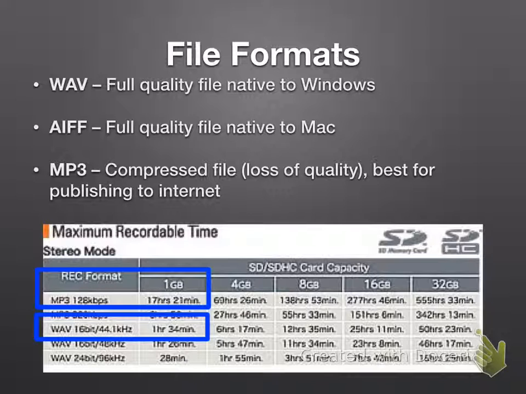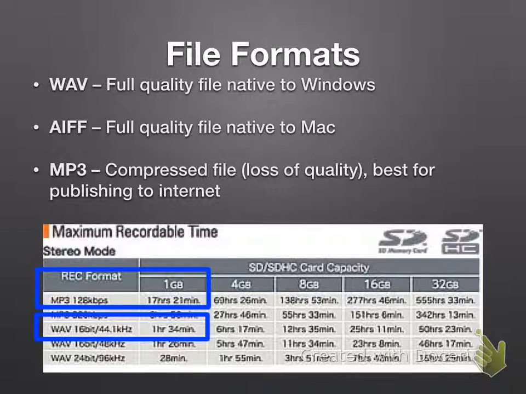When we export a file to a WAV or an AIFF or an MP3, and our end purpose is to maybe get it up on the internet, or if we're using a handheld recorder to record audio, we have to be really aware of file size. WAV and AIFFs are full quality files.